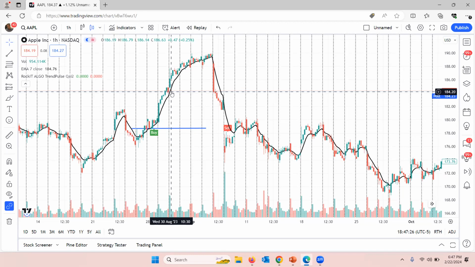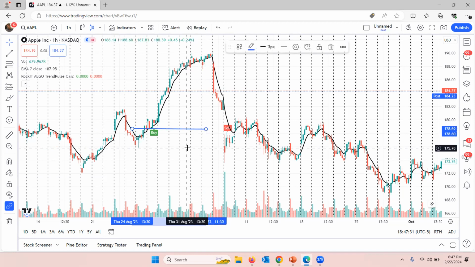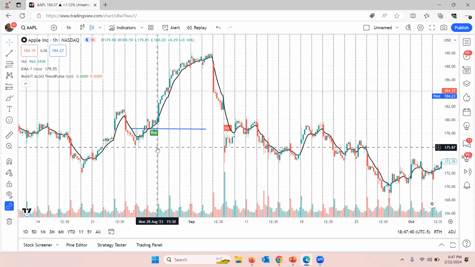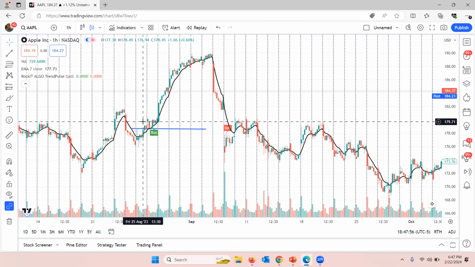Now, what is a trigger line? It's a line where usually price action changes trends or something like that. But we're not going to define a change of trend or exiting a trend based on the close of a candle below this line. It'll be the 7 EMA crossing above or below this trigger line.